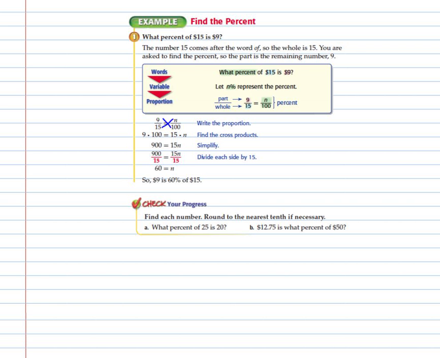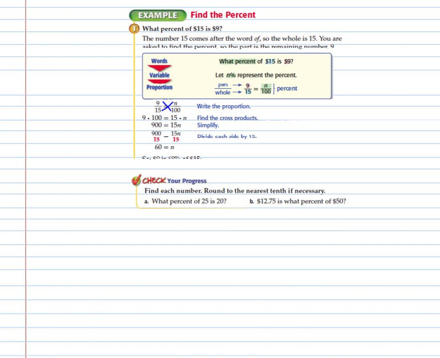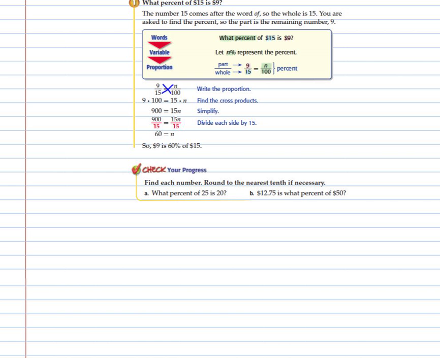In example A, using the same find the percent proportion: what percent of 25 is 20? So I'm going to write this as 20 over 25. Again, I'm missing the percent. This part of the proportion is always 100.